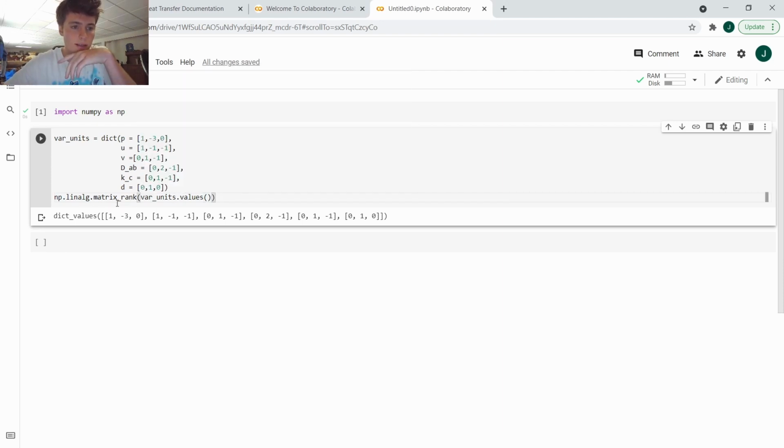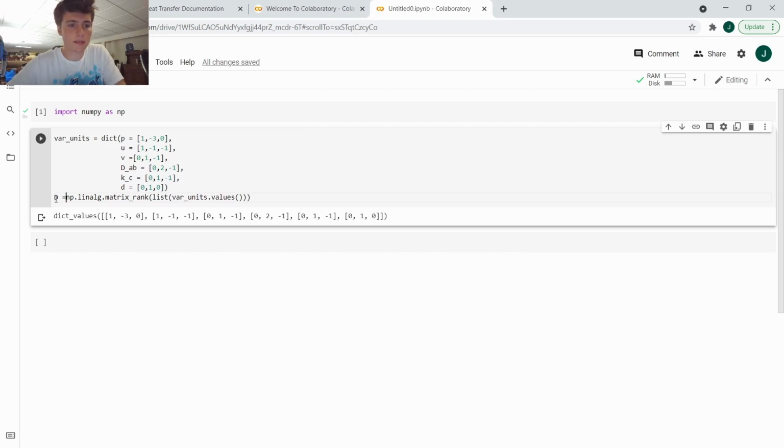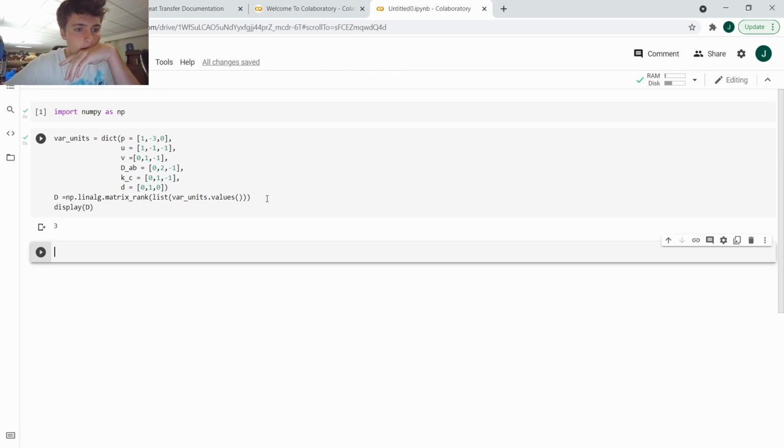But it takes in lists and tuples, and this is dictionary values, so we're going to change the data type to list. We'll use big D for the dimensional matrix. Let's display D. Three. So that's the rank of our matrix.